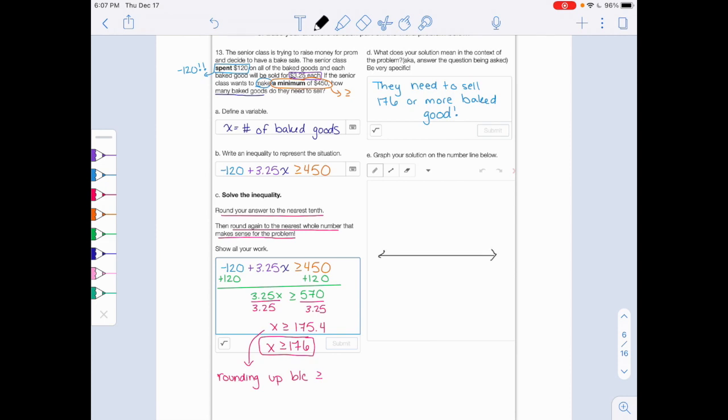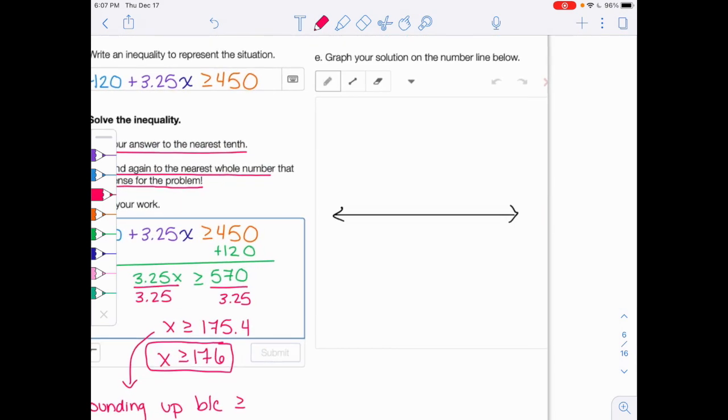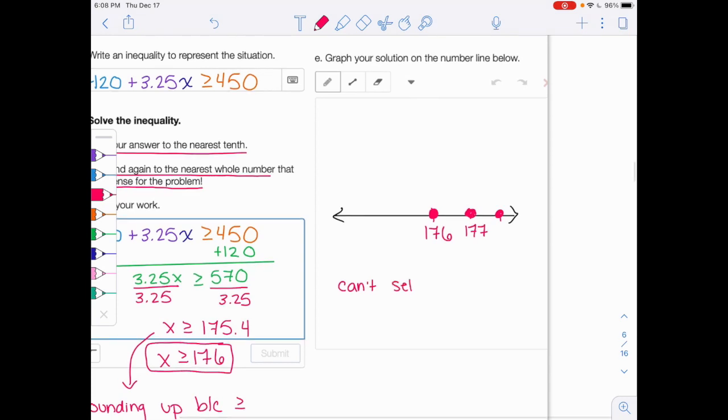On your number line, we can't sell half of a baked good. You either sell the baked good or you don't. So I'm going to use closed circles up from 176. Right? Can't sell half a baked good.